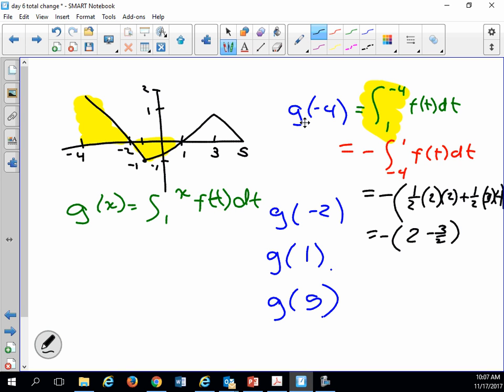Because when you flip it, you get to put the negative. Yes, that negative. Why is this one negative? Because it's underneath the x-axis. And then 2 minus 3/2 is 1/2, but it's negative, so there's my negative 1/2. So g of -4 is negative 1/2.